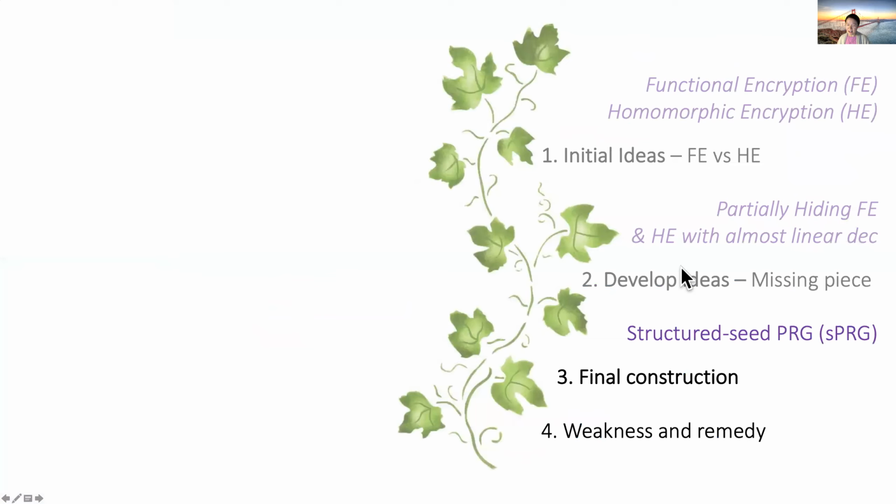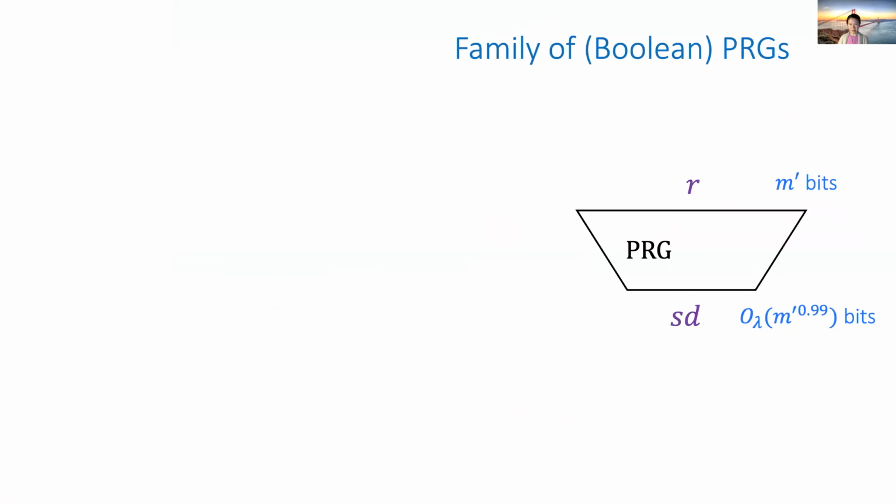So this leads us to our last tool, which is the structured seed PRG, and from there we can obtain our final construction. A PRG is a familiar concept for many: it allows us to expand a polynomially shorter seed into a pseudo-random output. Here I conveniently denote the seed length as the output length to the 0.99, but in fact any constant in the exponent that is smaller than 1 will do.